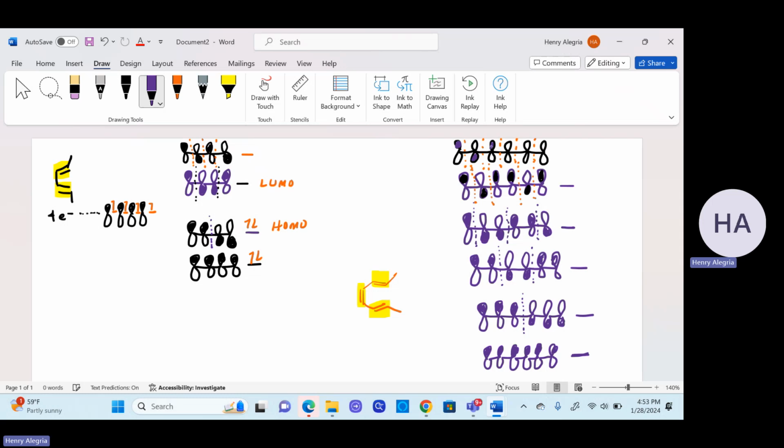That second one does not match the third one, which doesn't match the fourth one, which doesn't match the fifth one, which doesn't match the sixth one. So I have 6 electrons. So when I fill 2, 4, and 6, this represents the HOMO orbital, and this represents the LUMO orbital.